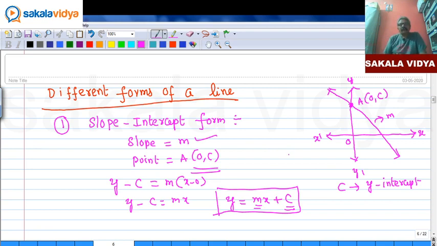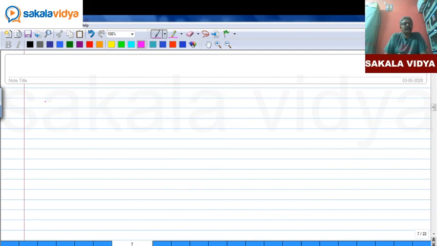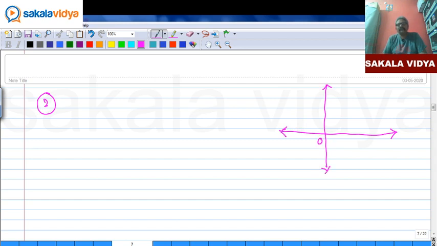And moreover, one more thing you can remember. Second concept, for example, this is origin, x, x dash, y and y dash.